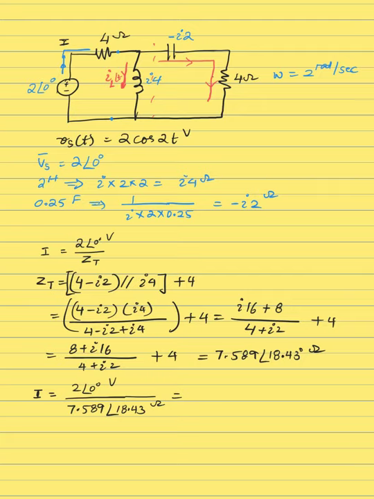This gives you 0.264 at an angle of negative 18.43 degrees in amperes. We're going to make sure that we are always writing the units.